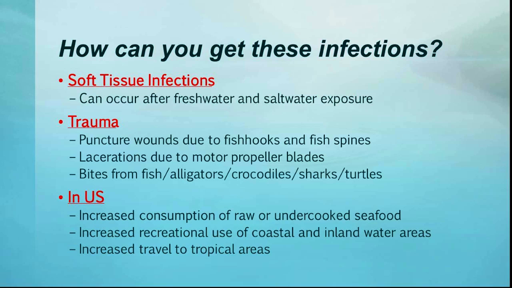The patients can get lacerations with the propeller blades of the boat, and then you can also have bites from the fish, alligators, crocodiles, sharks, and turtles. In the U.S. in particular, we have increased consumption of raw and undercooked seafood, and we do a lot of recreational water activities. And there's a lot of travel to tropical areas as well, so we see a lot of infections related to these types of exposures.